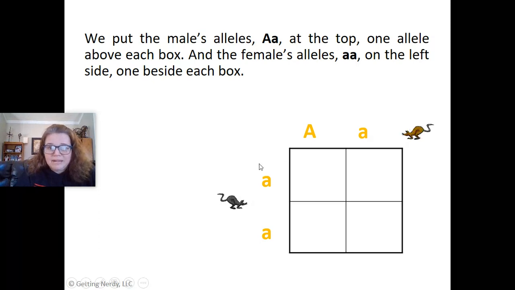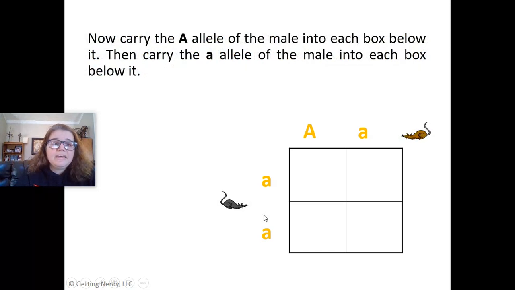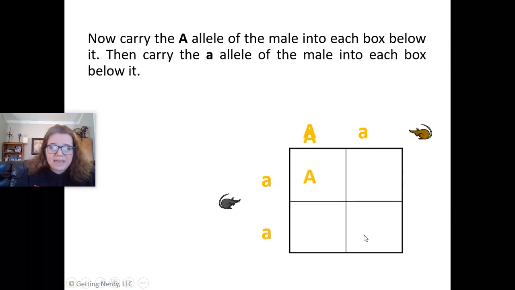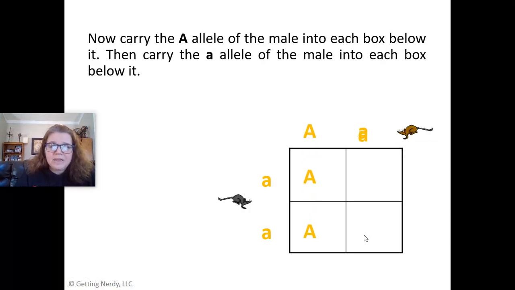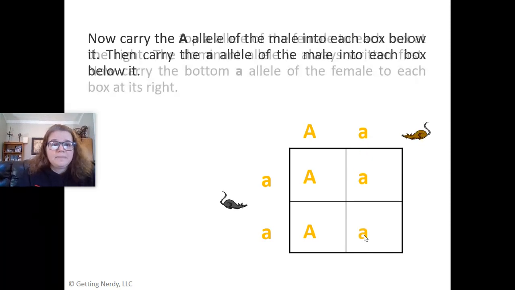Then we're going to carry the capital A from the male into each box below it. And then we're going to take the small a and carry it down as well. So you just drop that capital A down, drop that lowercase a down into the Punnett square.